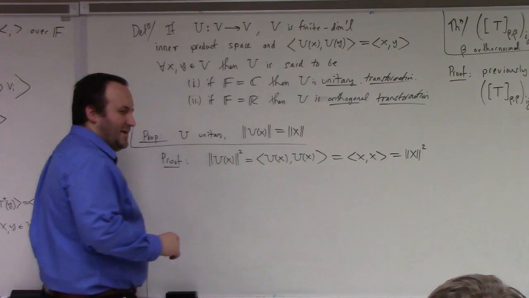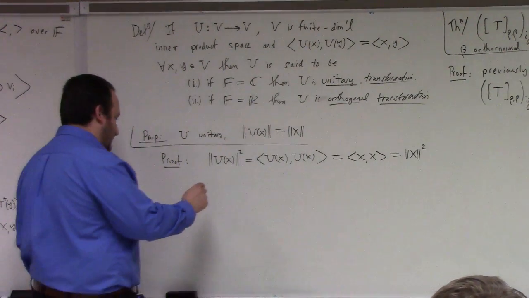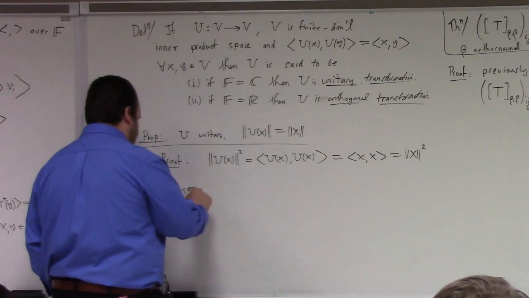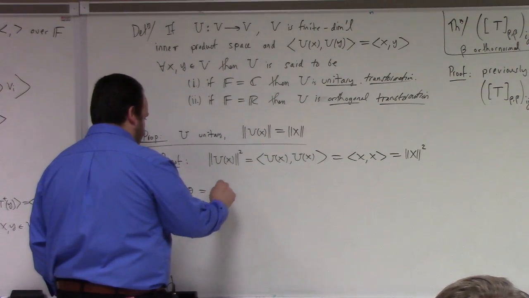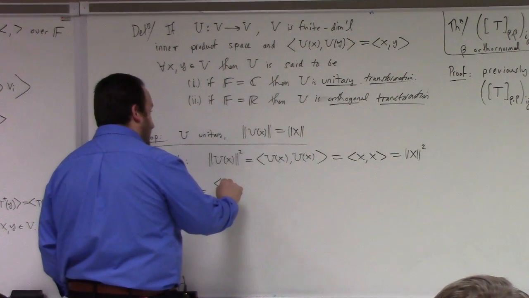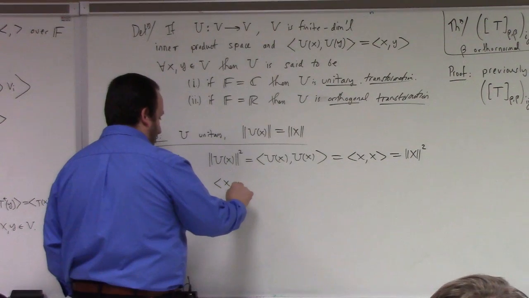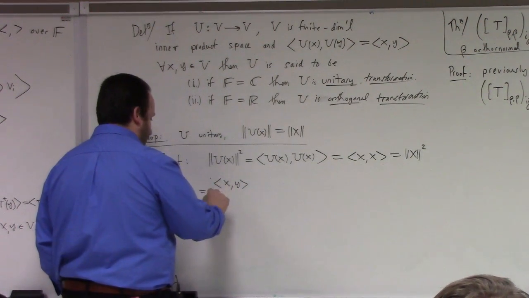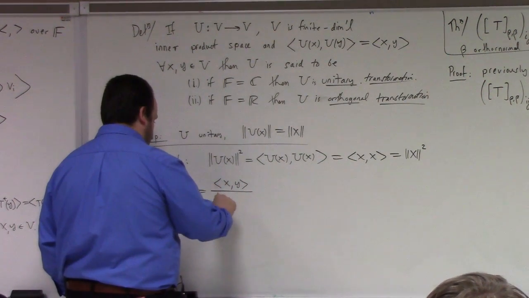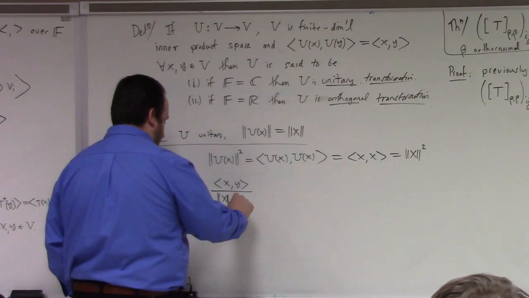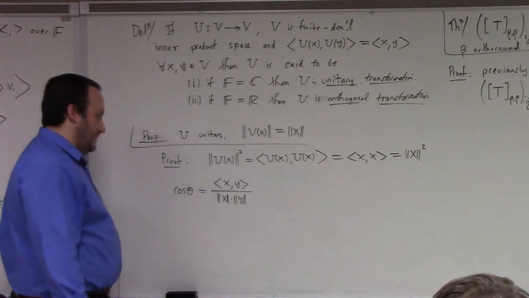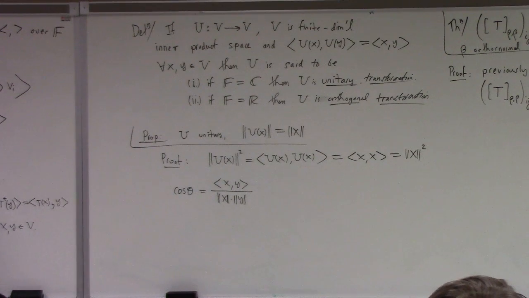Which I don't want to talk about carefully today, but I will tell you this much more. We have cosine of theta, right? What was it? It was the inner product of x and y divided by the norm of x times the norm of y, right? Well, let me just talk about the proof for the real case, all right? The proof for the complex case is very analogous.